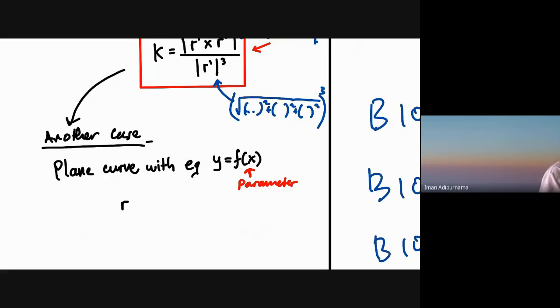Now we can write this in terms of vector functions, but with x as the parameter. We can also write this as x i plus f of x j.